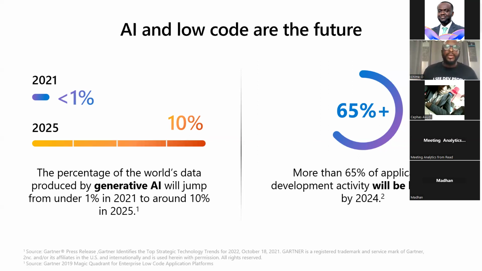You can see on the screen there, low code, which is the Power Platform and Dynamics landscape. More than 65%, I think more than that actually now, of application development is going to happen using AI and low code by second quarter, third quarter, fourth quarter of 2024.